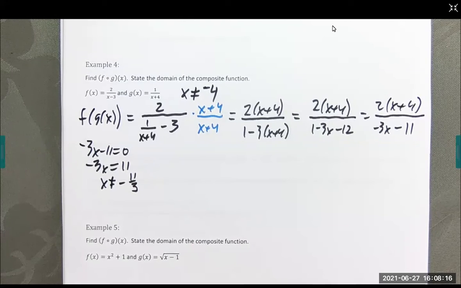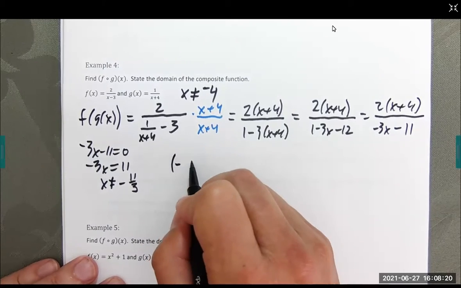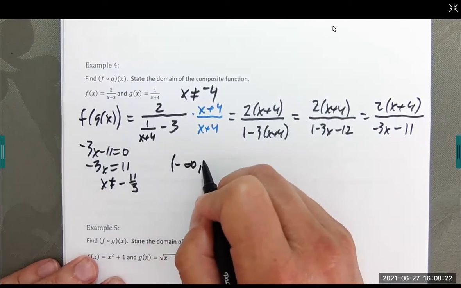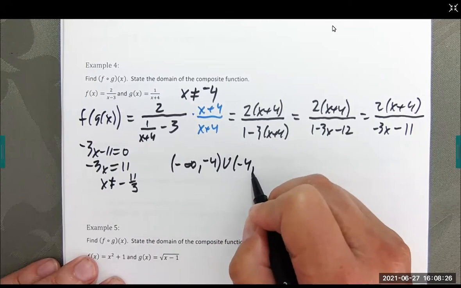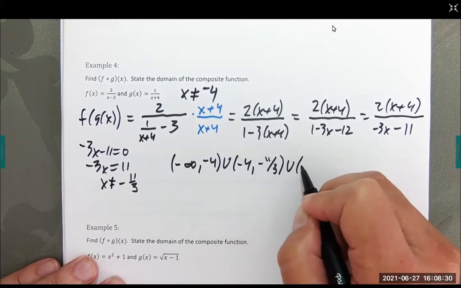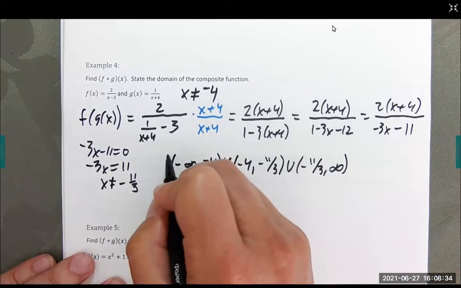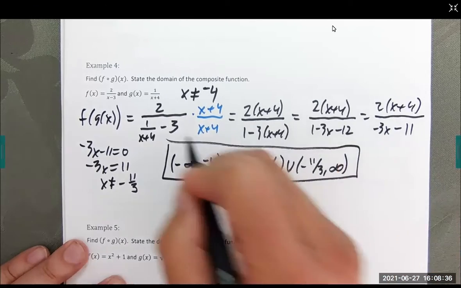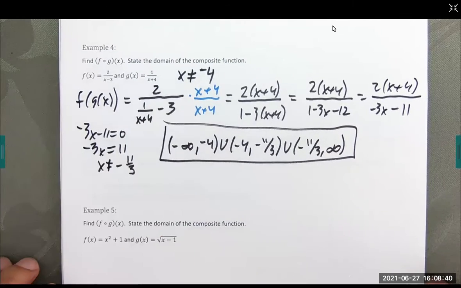And negative 4 is going to come first. So here we go. It's going to be all values up to negative 4, excluding negative 4, to negative 11 thirds, excluding negative 11 thirds. That is our domain of interest. Basically everything but these two values.